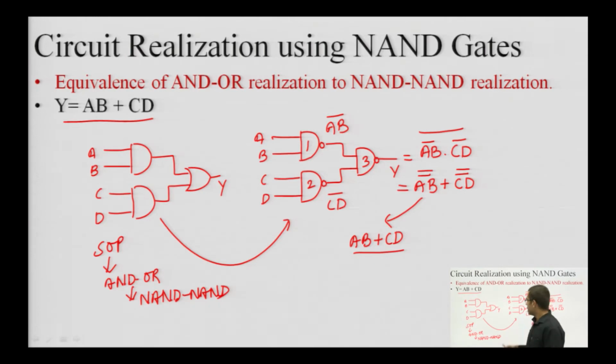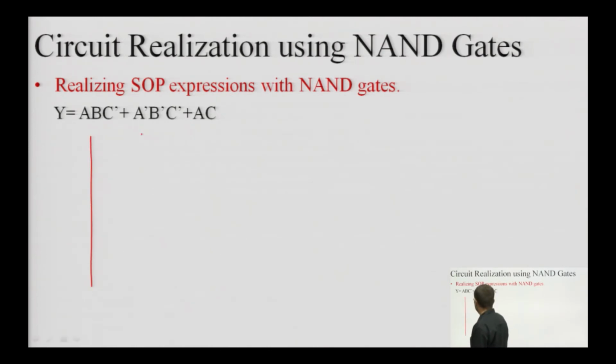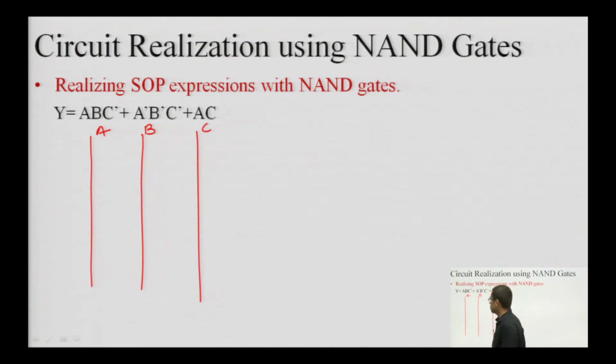So, using this concept, we can realize any SOP expression with the help of NAND gates only. Let us suppose this expression has to be realized using NAND gates. Then it is very simple. I have to generate A, B and C, so 3 vertical lines for these A, B and C. Then the complemented versions of all those variables are also required.